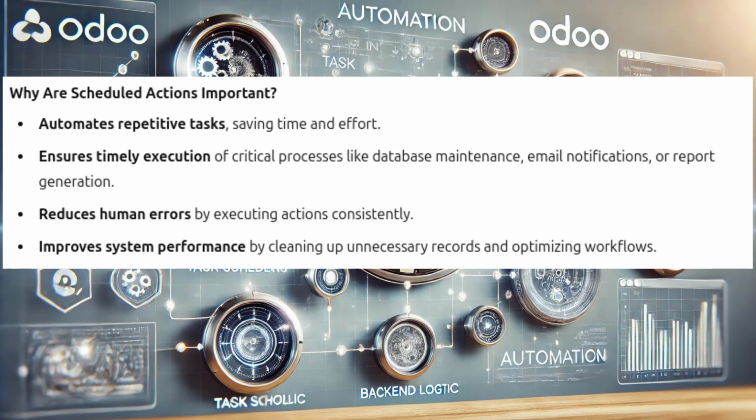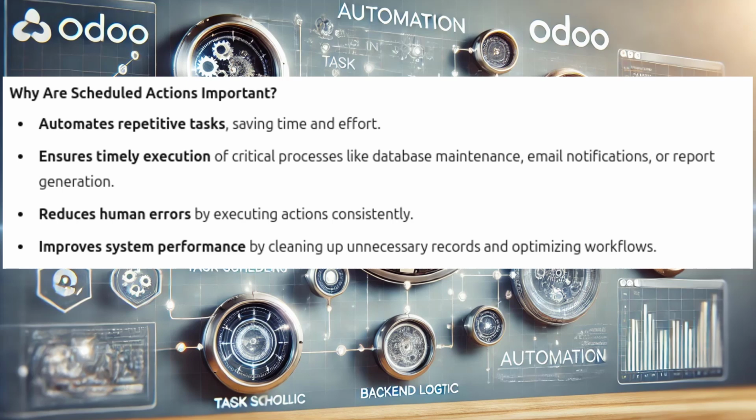First of all, they automate repetitive tasks, saving time and effort, ensure timely execution of critical processes like database maintenance, email notification, or report generation, reduce human errors by executing actions consistently, and improve system performance by cleaning up unnecessary records and optimizing workflows.